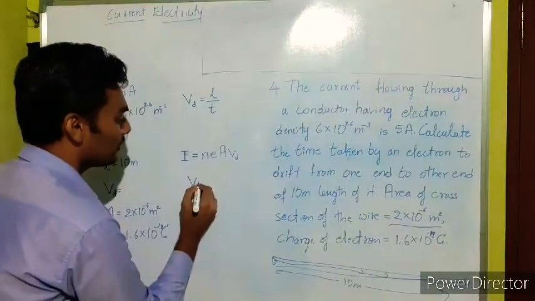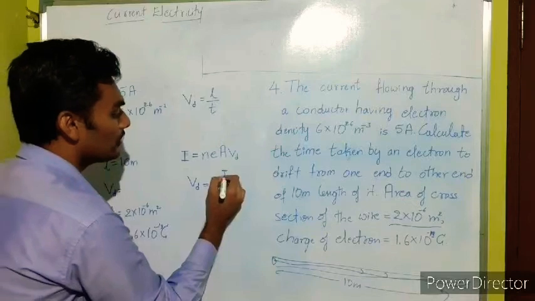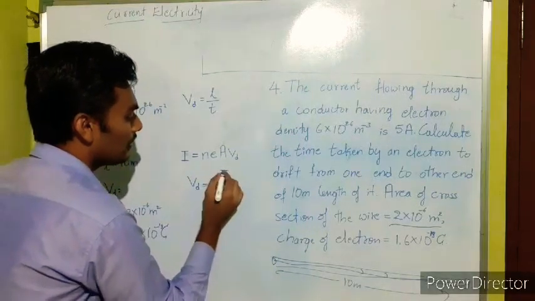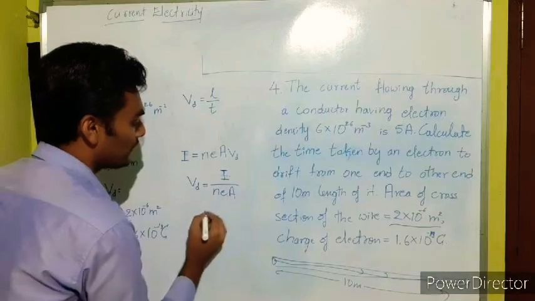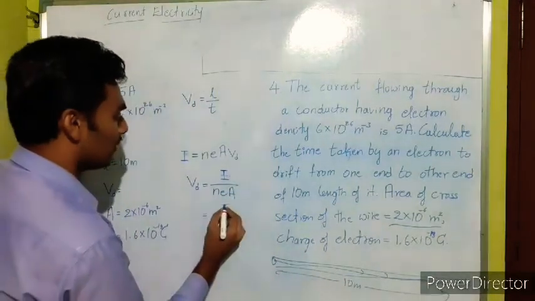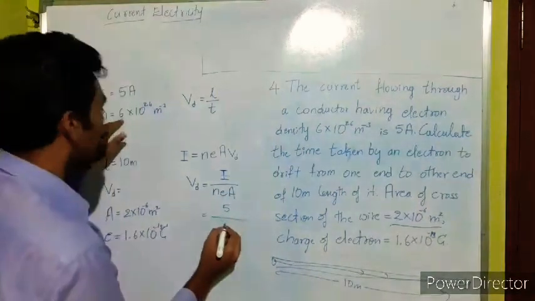From this expression, Vd becomes equal to I divided by NEA. What is the current? 5 ampere. What is the value of N?